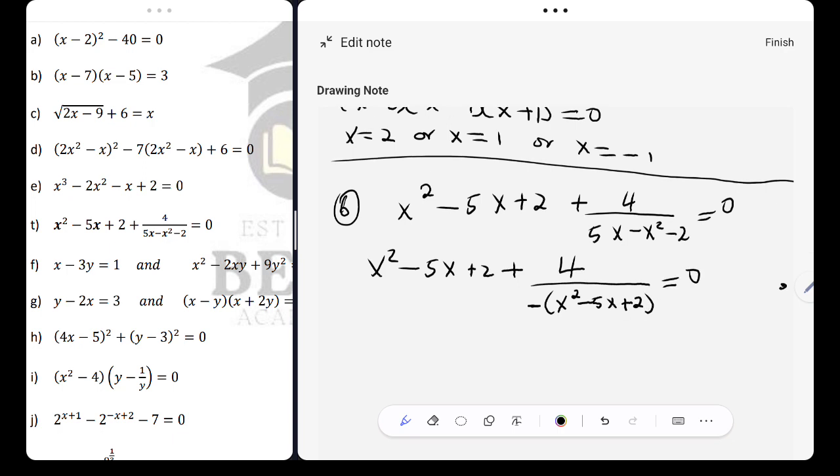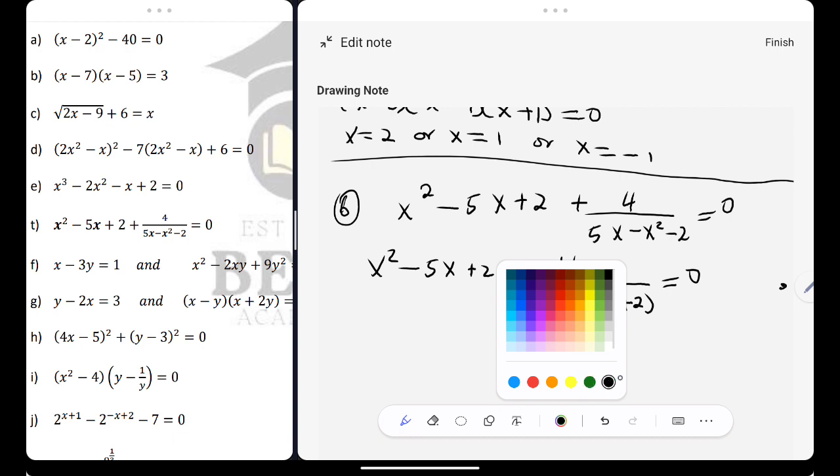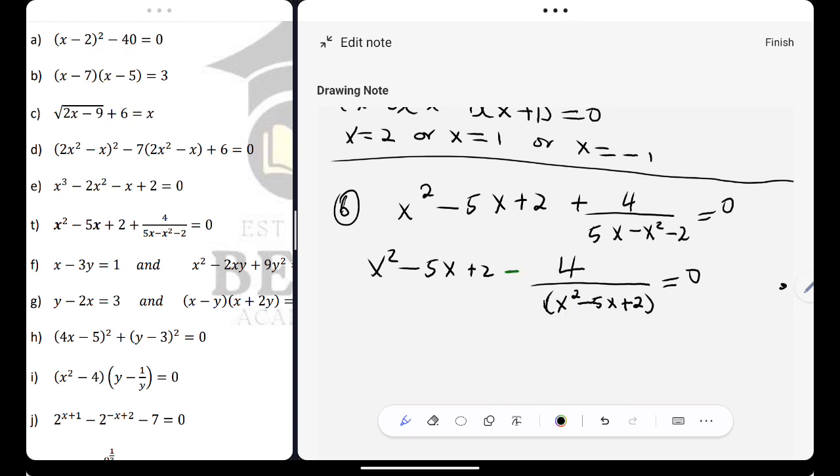Alright, together. And I'm dividing a positive 4 and a negative number. I must definitely get a positive, so I can just erase this and just write a negative there rather, because whenever you divide a negative and a positive, you must get a negative number.